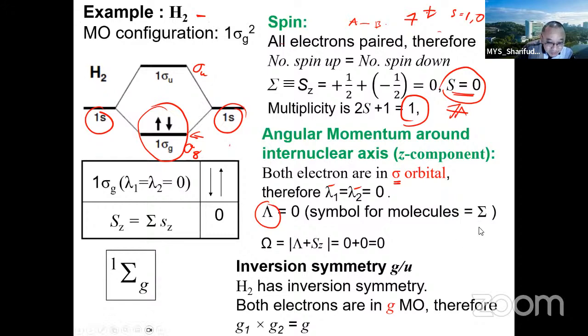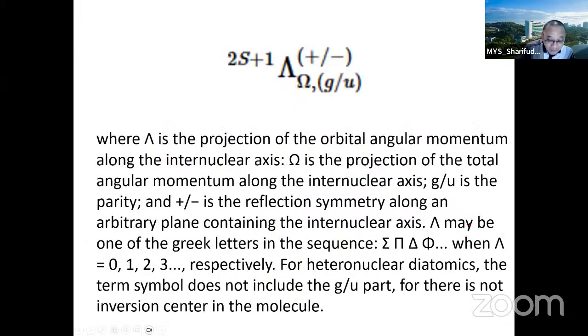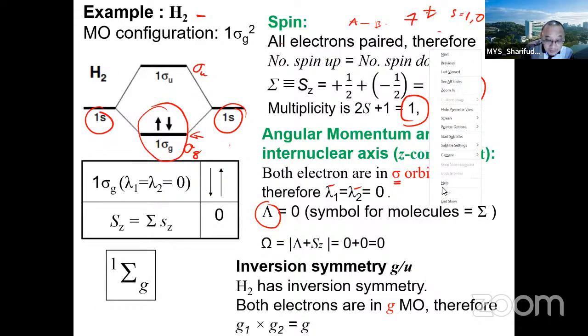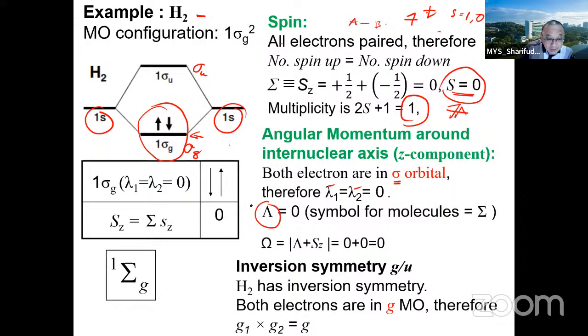So what we will get is sigma, and this is S equal to 0 and multiplicity equals 1, so sigma 1.